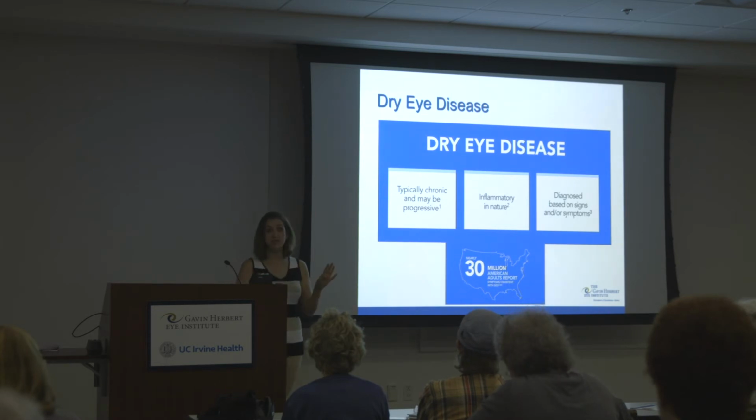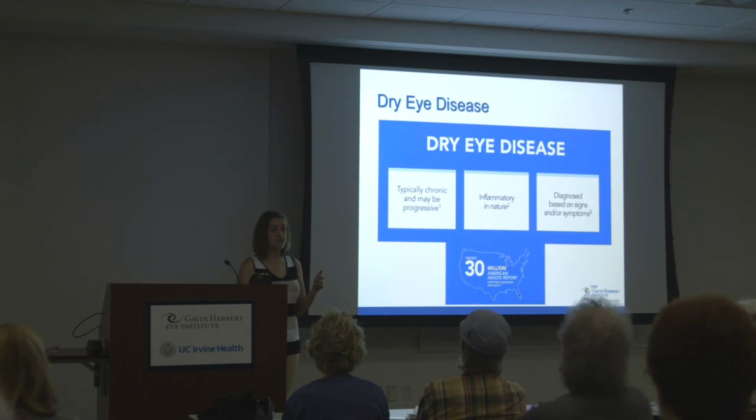Oftentimes in the more severe stages it becomes inflammatory, so the tears are actually inflamed, and there are anti-inflammatories we might need to put patients on for that. We diagnose based on symptoms, what the patient tells us, but also signs, what we see in the exam. And those two don't correlate. Sometimes I see patients who have severe dry corneas, but they're not complaining of any discomfort or pain or any symptoms.